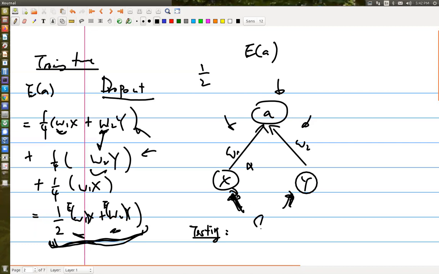So my question, with some multiple choice A, B, C here: which one is the correct testing weight?